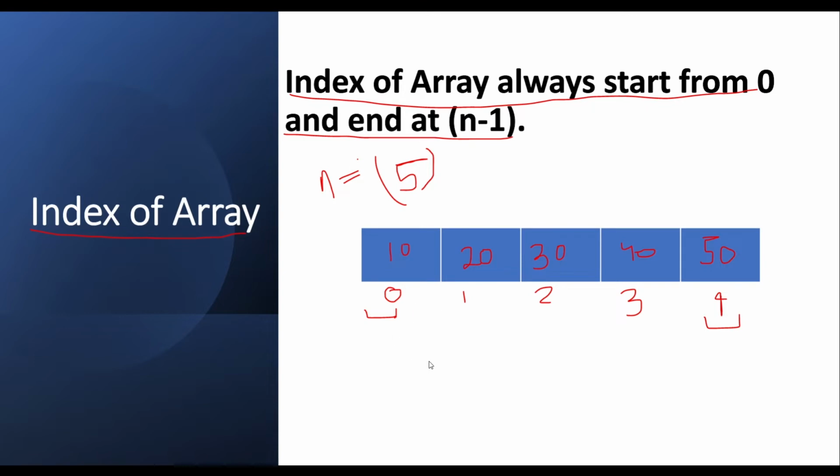If we want to print the value at index 3, let's suppose A is the name of the variable. If you want to print the value 40, then you have to write A[3] here, because 40 is at index 3. So you have to write 3 to print 40. This is the indexing of an array.